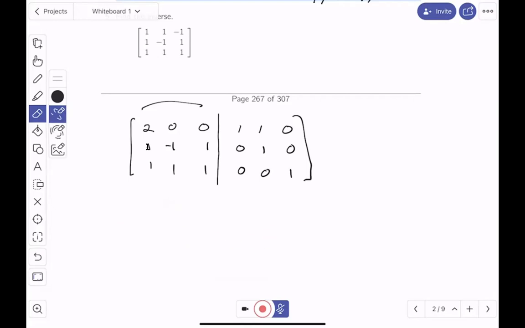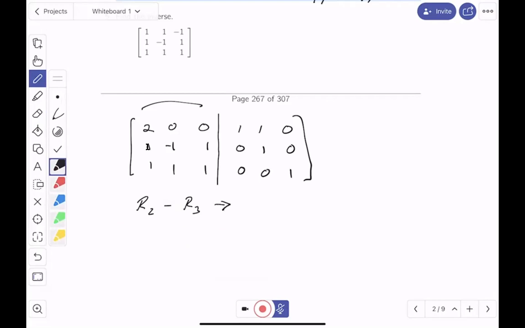And let's take a look at it. What I'm going to do now is row 2 minus row 3, and give it back to row 2.